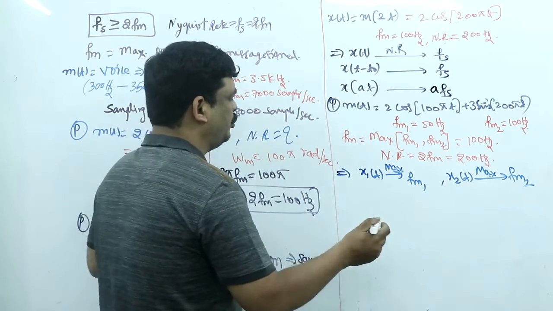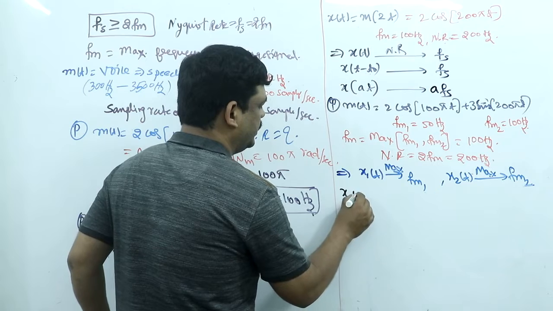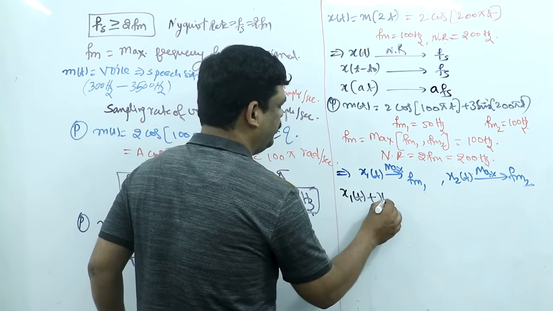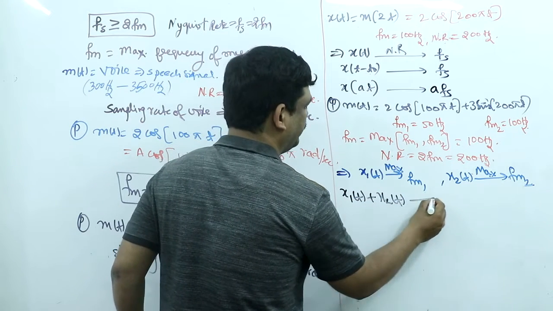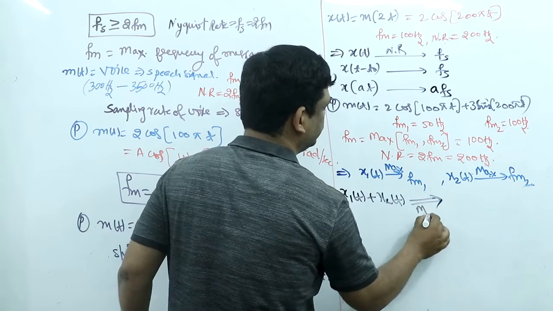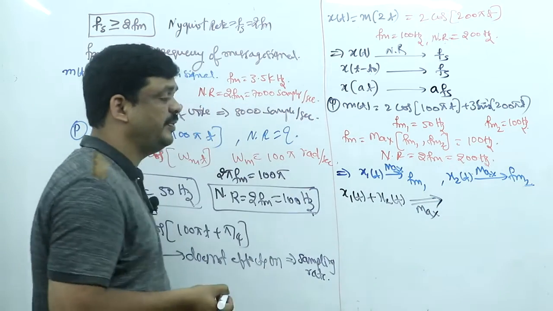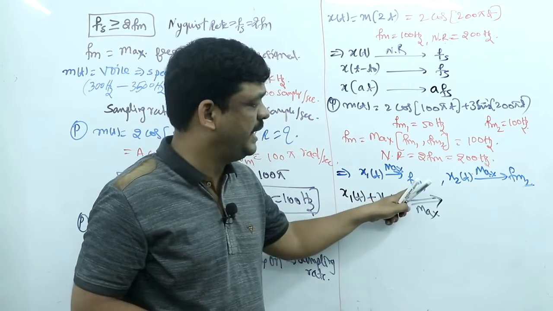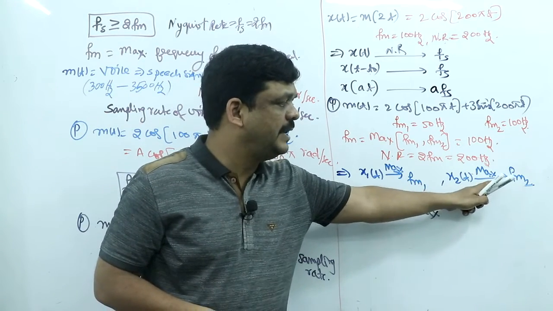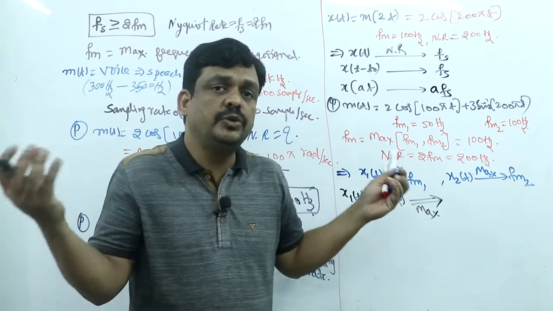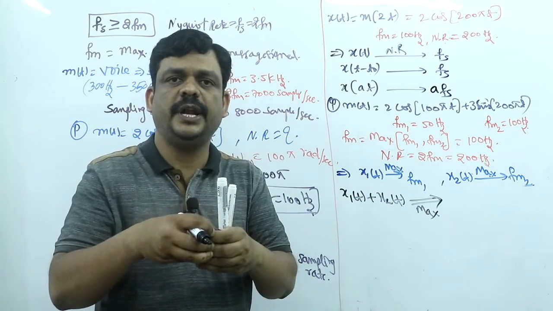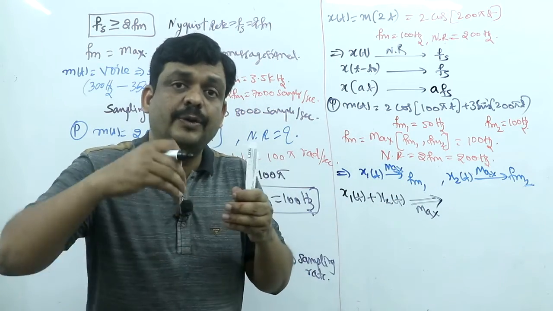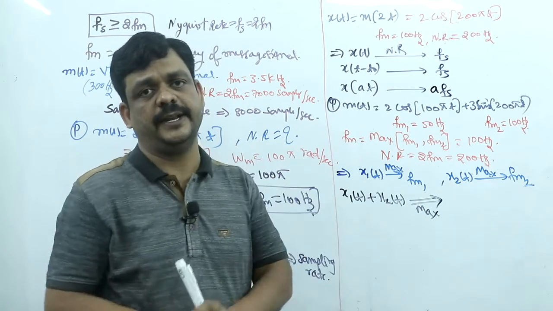Then I want to find the maximum frequency of x1 of t plus x2 of t. So I want to write the maximum frequency of the summation of these 2 signals. Individually, the maximum frequency of the first one is FM1 and the second signal's is FM2. Now these 2 signals are added. Then what is the maximum frequency of the resultant signal?